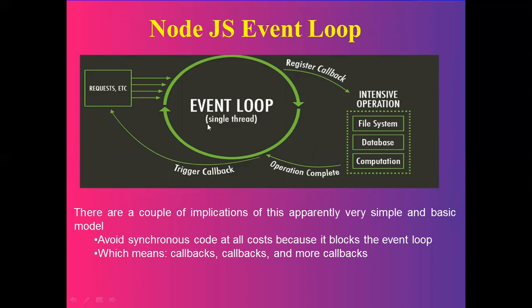Whenever the event is triggered, it registers the callback for the intensive operation. These are the intensive operations, meaning the file needs some IO or other operations. That request is passed to the internal C++ thread pool, which performs the operations within that pool.